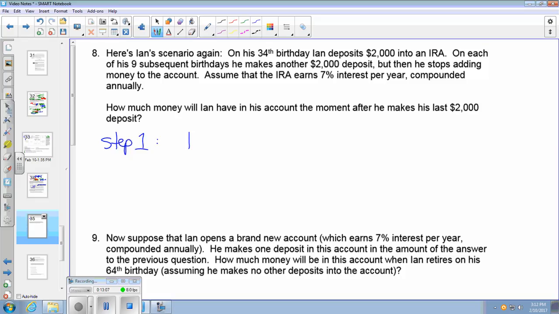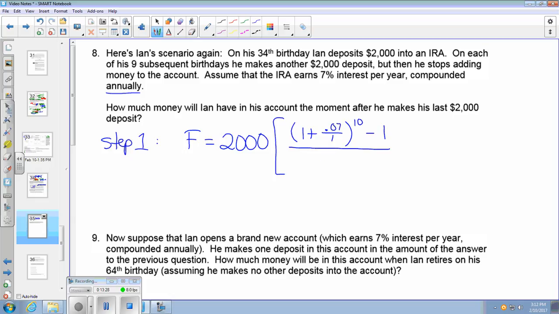So we're going to find the future value when Ian makes $2,000 payments, multiple payments or investments. And our interest rate is 0.07, but this is compounded annually. So if you want to think of it as 0.07 divided by 1, you can, or you can just leave out the 1 in the denominator. It does this 10 times.